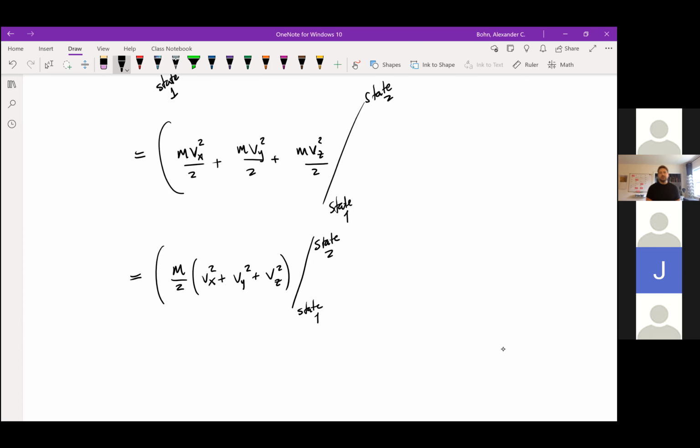We factor out m and the division by 2. We've got vx squared plus vy squared plus vz squared, which looks a lot like the magnitude calculation for some vector v.